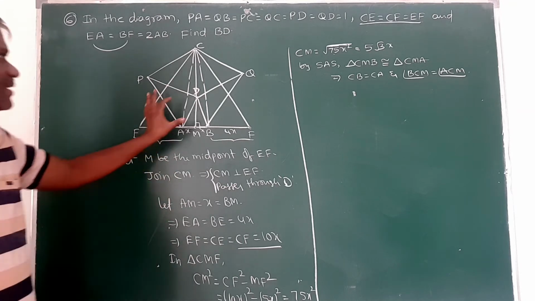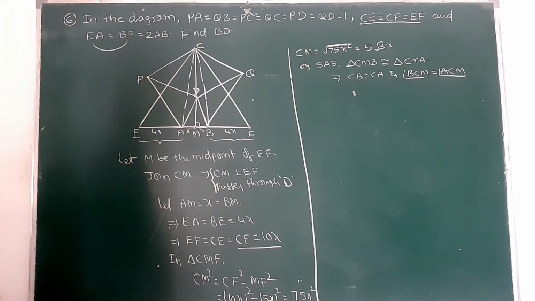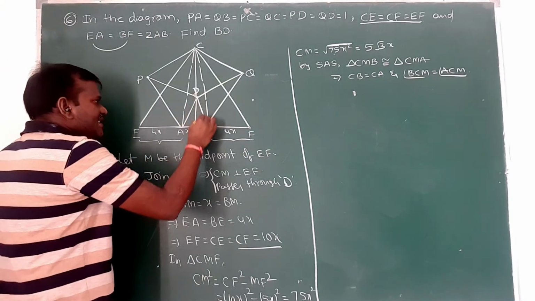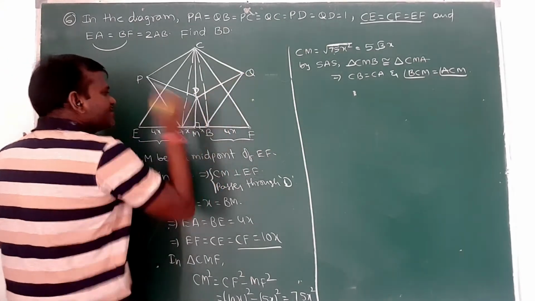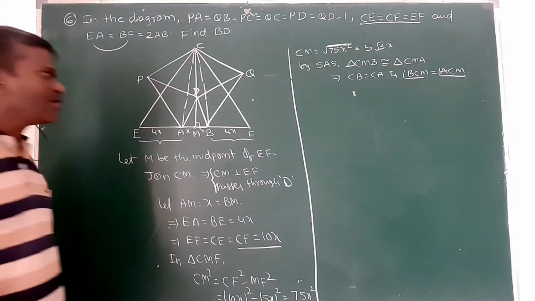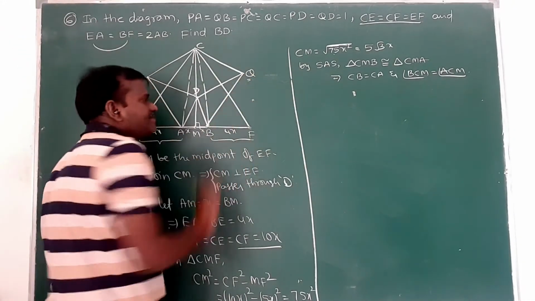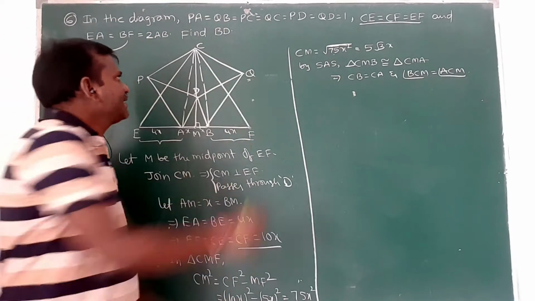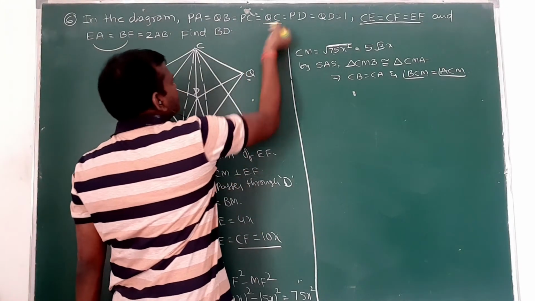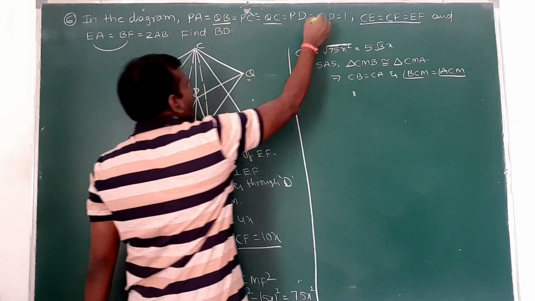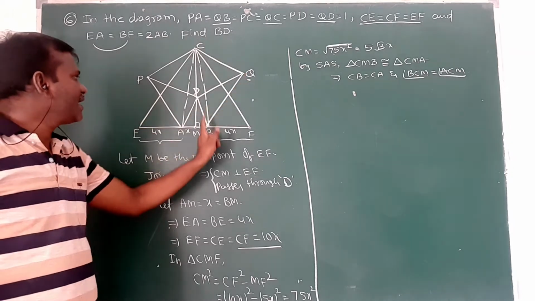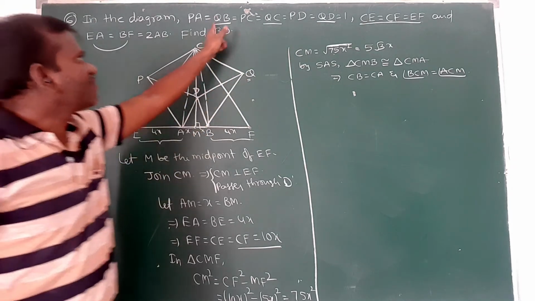Next, my aim is to find the BD value. That is the important thing. BD is in this triangle, BDQ triangle. So now I have to focus on this Q here. What is given in the problem? QC, QB and QD lengths all are equal to 1.